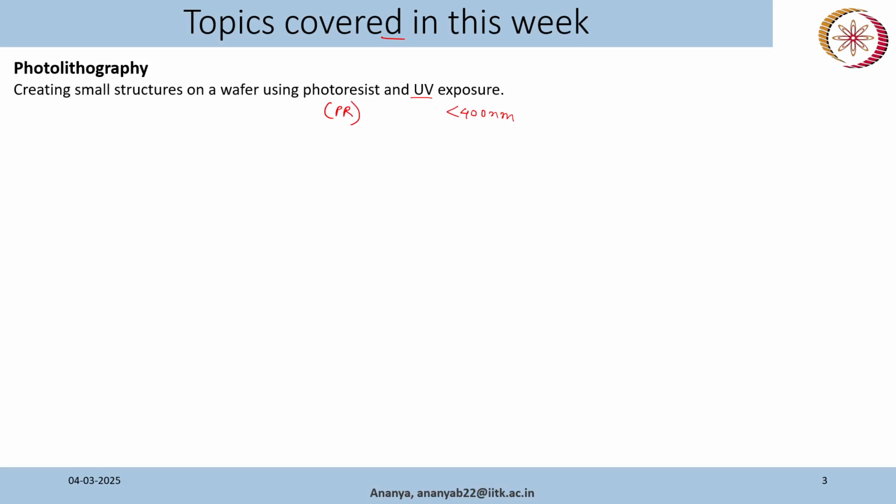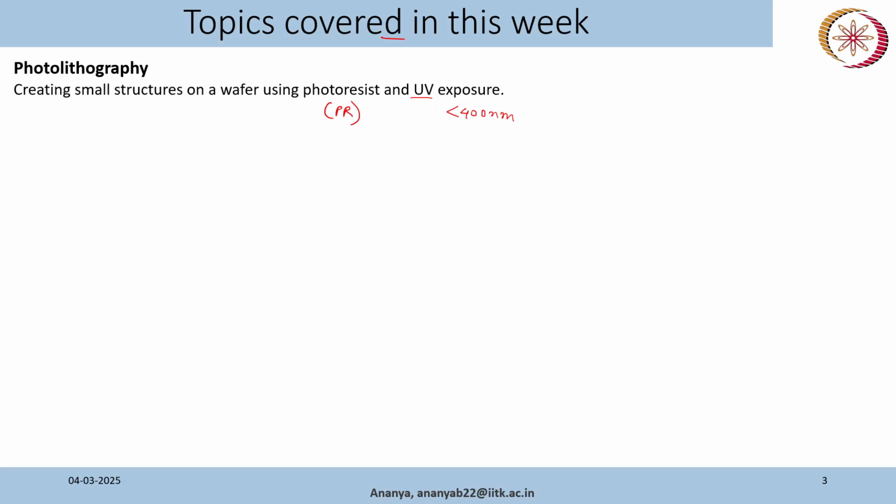Now, in this course, we are using photolithography. We're discussing photolithography because this course is on sensors and actuators, and most of the sensors we are discussing are in the micrometer range. So we are discussing mainly micro sensors, MEMS based sensors. Those are mostly in micro dimensions.